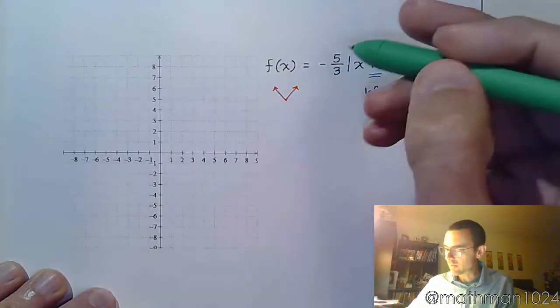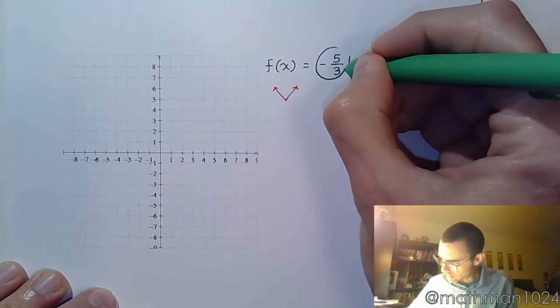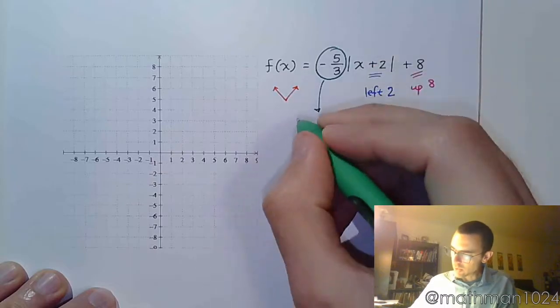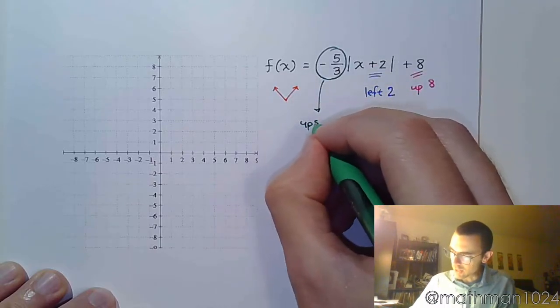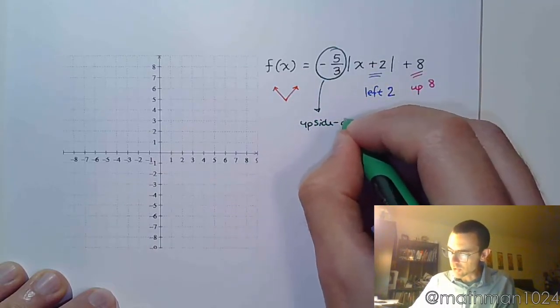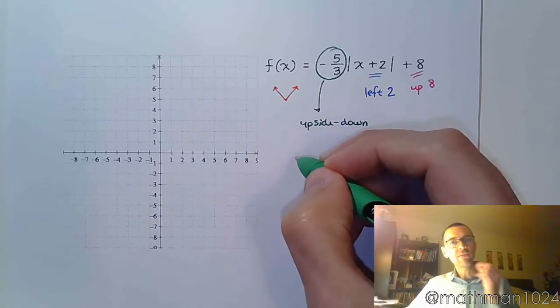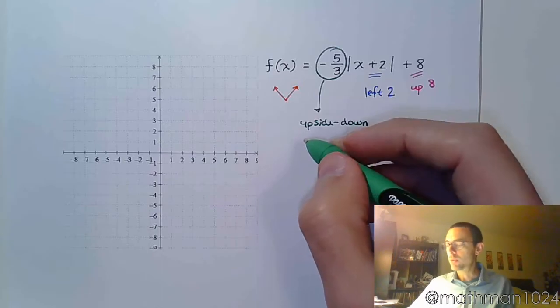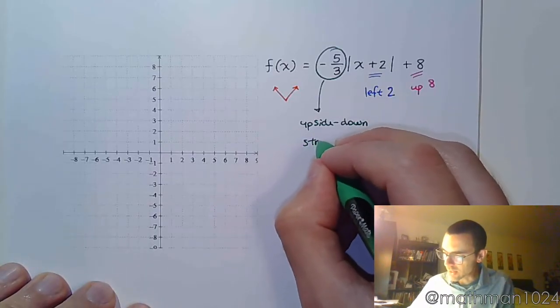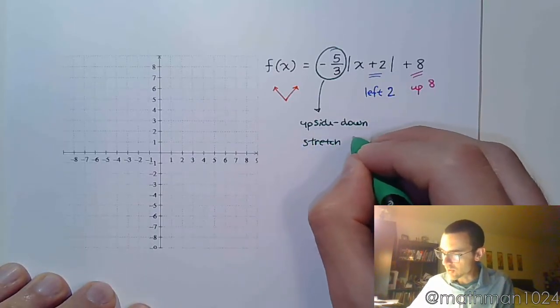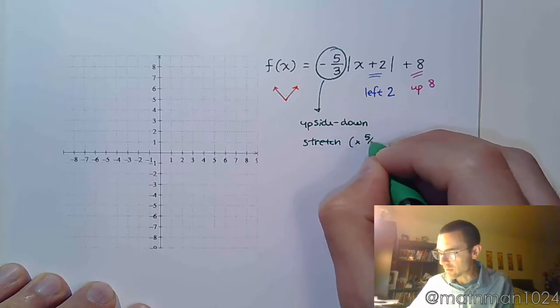And then this negative 5/3. I know that I'm going to be upside down, so that's just your reflection across the x-axis. And the 5/3, even though it's a fraction, is an improper fraction, so it's actually going to cause us to have a stretch by that 5/3 factor.